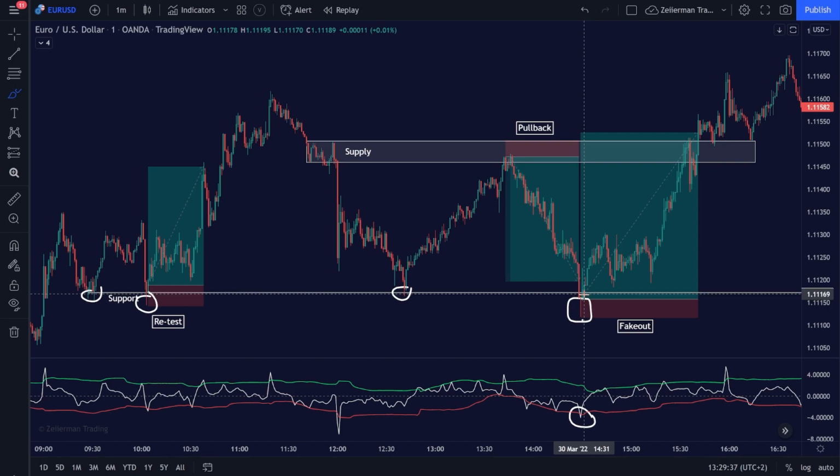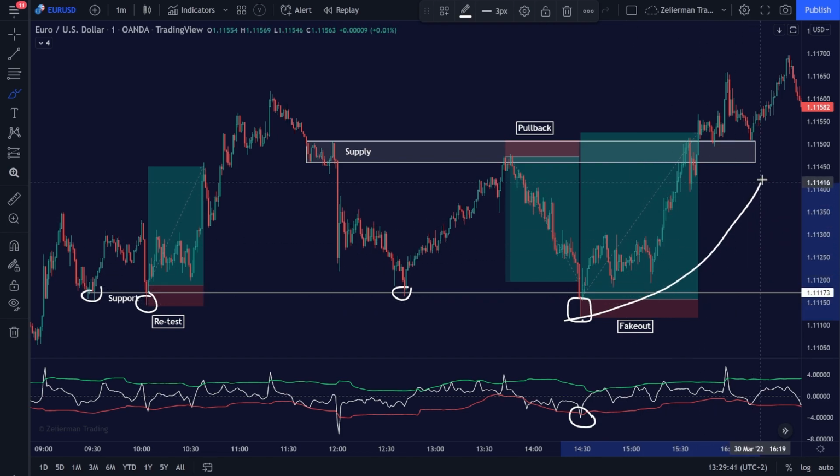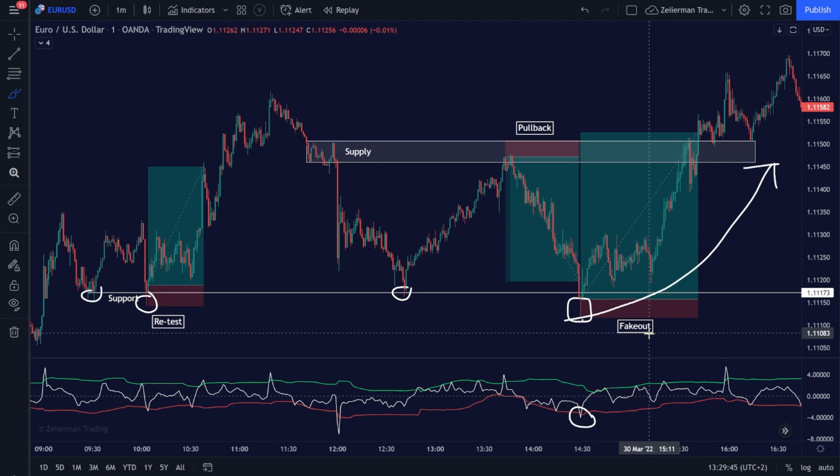And since it's a fakeout move, we expect a quite great movement up, since this fakeout move often fuels a great move to the upside.